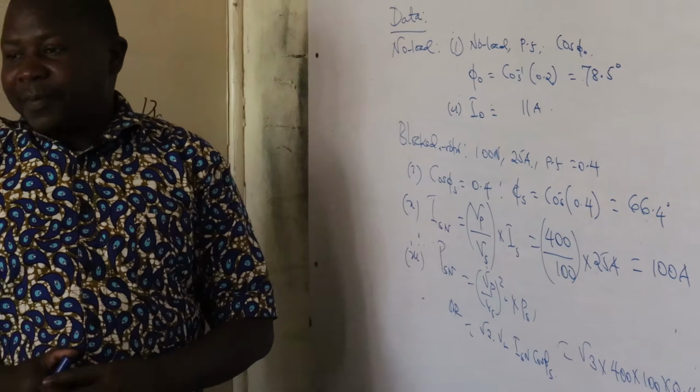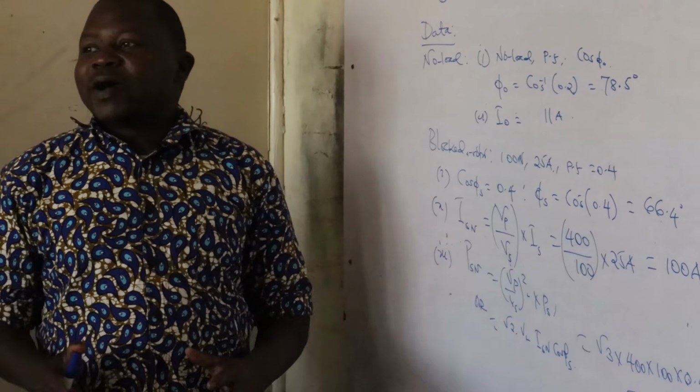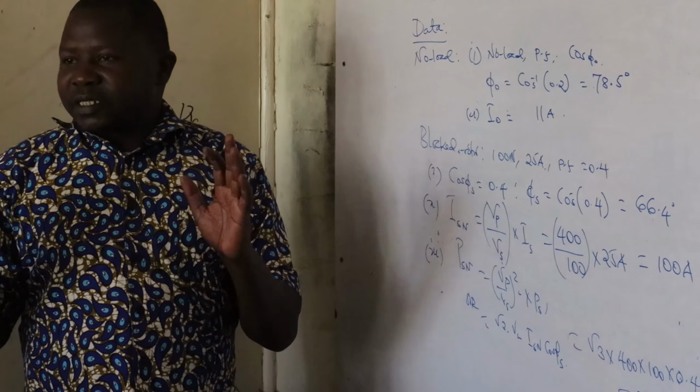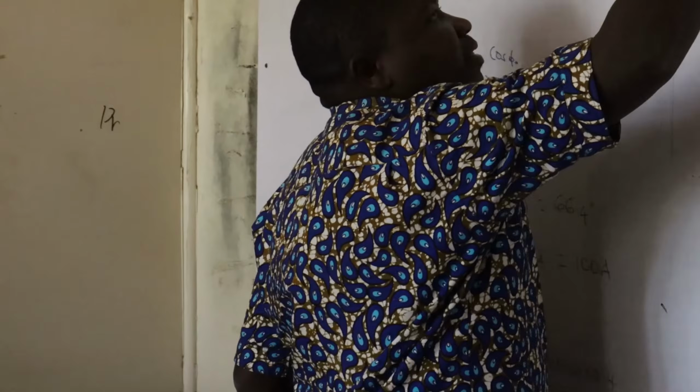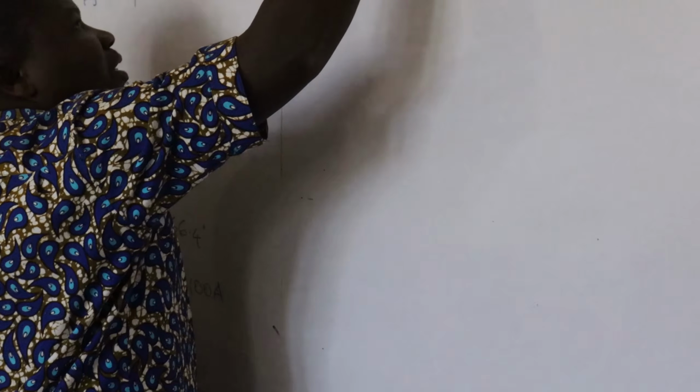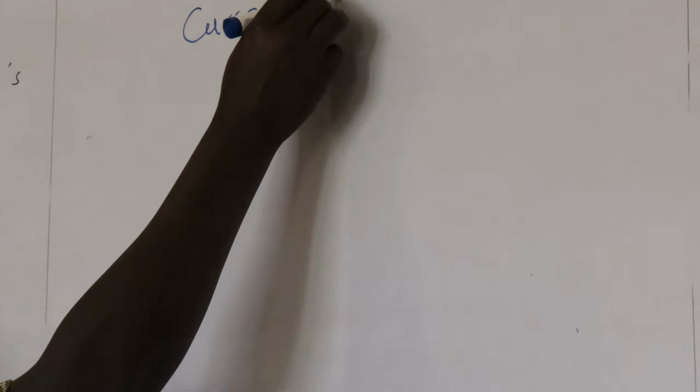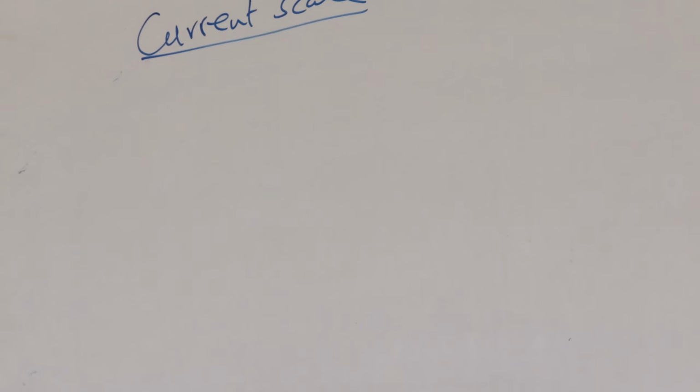So we want to open the scale. This is called the current scale. There will be two scales. The current scale, how do we get the best current scale? We look at the ISN.